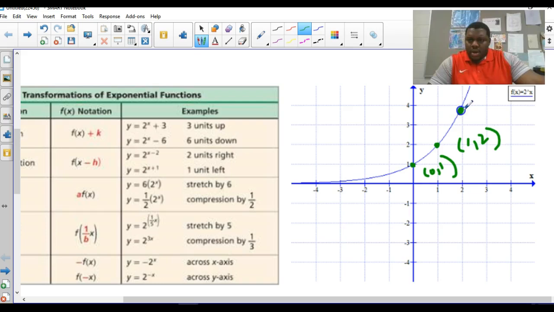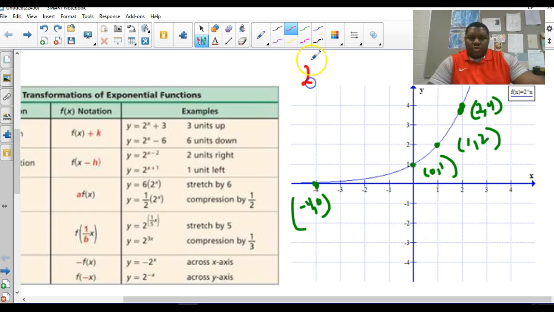This point is (2, 4). And this point right here is, excuse me, I'm sorry, that's (-4, 0). Now with these points, I can make all my rules do what I want them to do.